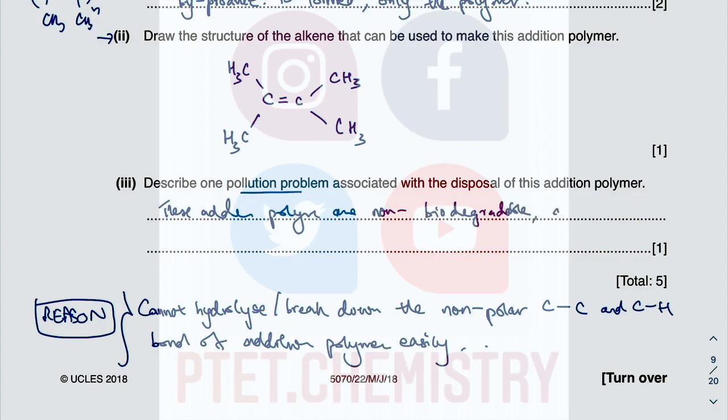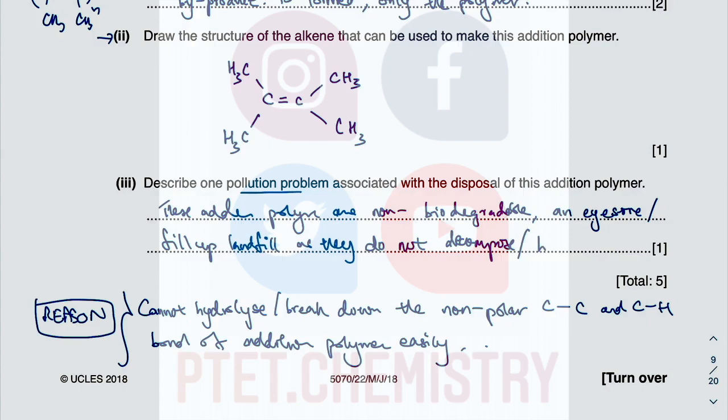Okay, they fill up landfill, so basically the garbage site. You fill up the landfill as they do not decompose, so non-biodegradable. Yeah, do not decompose. That should write better than me.